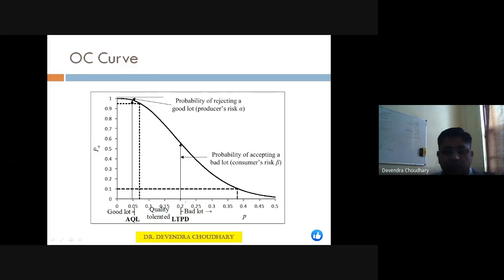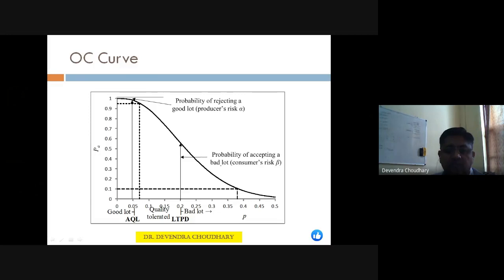Sometimes it may happen that a lot of poor quality is supplied, and when the consumer takes a sample out of this and inspects it, he may not get a number of defectives more than the acceptance number.